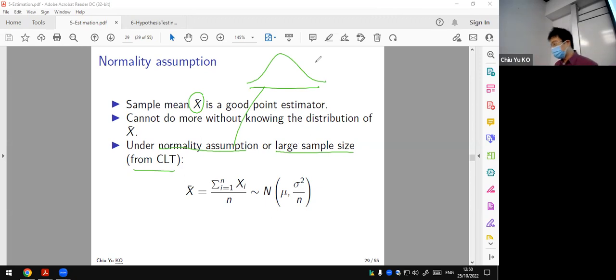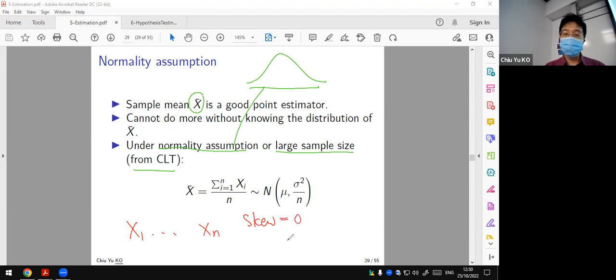So the question is how you can have an idea whether this is right or wrong. One way is to look at your data, because you collect the observations x1 up to xn, your sample. There are several ways to do it. One way is to look at the skewness of this data.